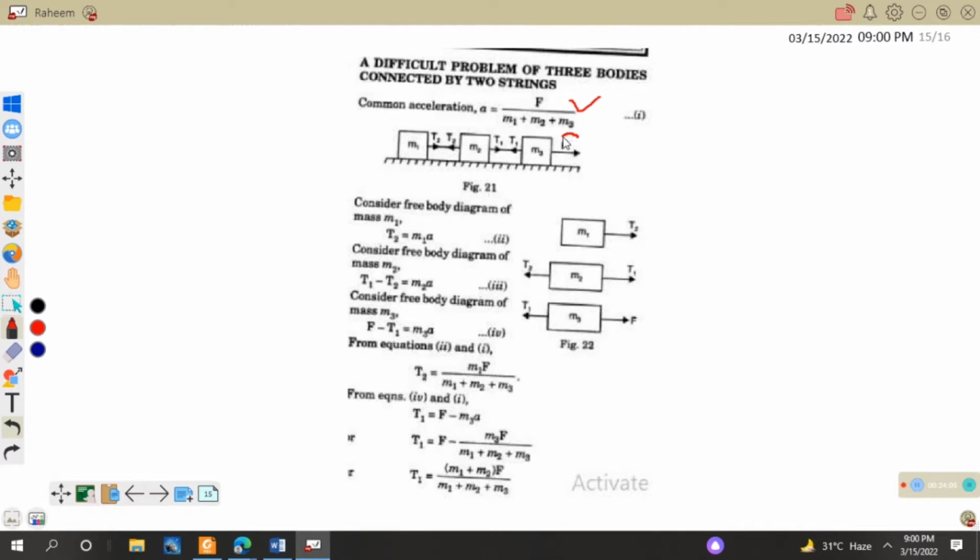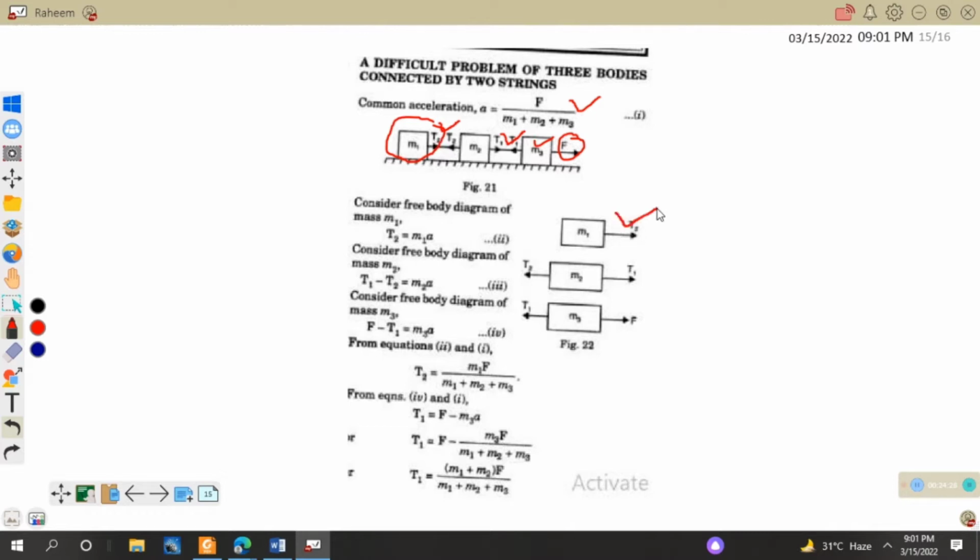In this case our applied force is on m3, and here the tension between m2 and m3 will be equal to T1, and the tension between m2 and m1 will be equal to T2. So on the block m1 only one force is acting, which is T2.